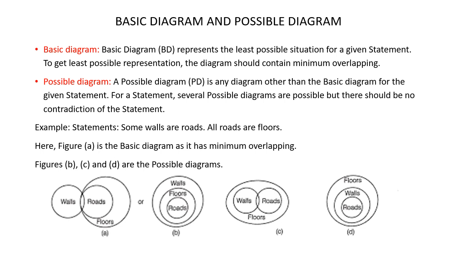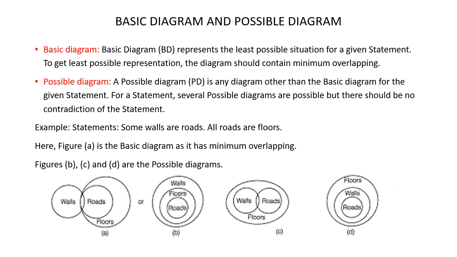Now look at this possible diagram. Now here roads are inside floors and floors are inside walls. So as you can see here, this part of the walls are roads. So some walls are roads. Now all roads are inside floors. So all roads are floors.